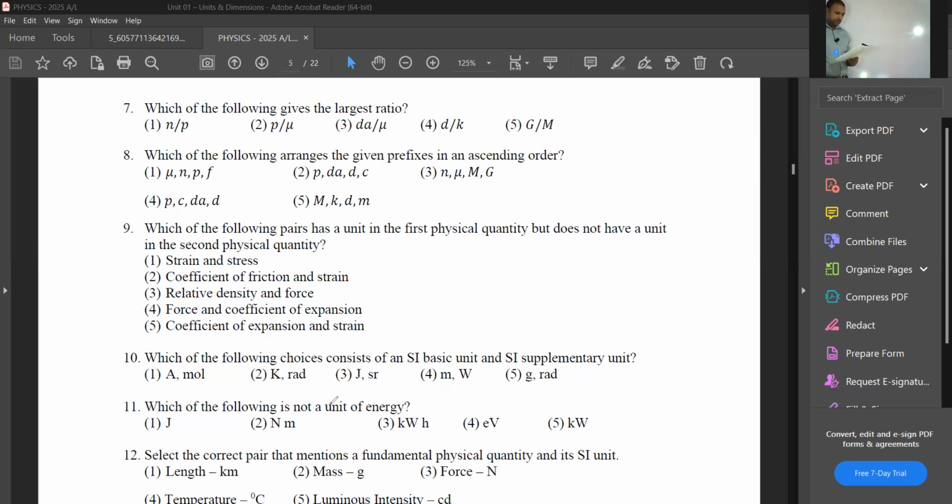Then the last one, the 10th one. Which of the following choices consist of an SI basic unit and an SI supplementary unit? You know, SI supplementary units. SI supplementary units means the units that are used to measure angles.